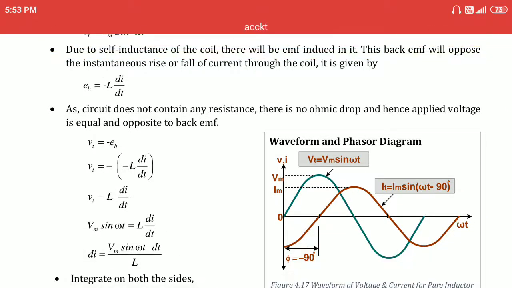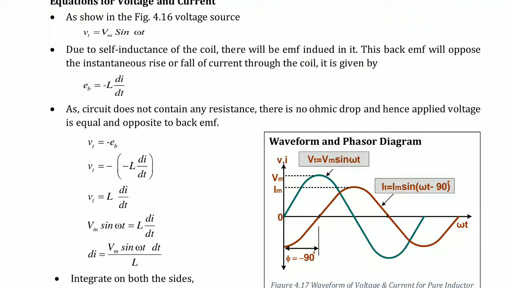The applied voltage is equal and opposite to the back EMF. So the voltage across the inductor is Vt equal to minus EB. Here EB is minus L into di by dt, so Vt is equal to minus of minus L di by dt, which is L into di by dt.